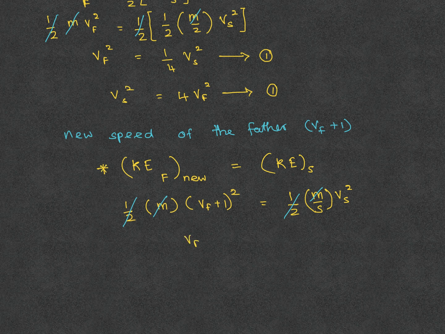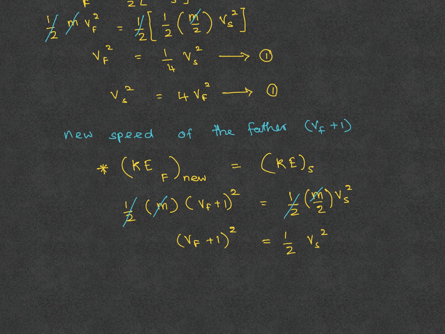Now you get vf plus 1 square equals 1/4... and then you have 1/2 vs square. Because the only half remaining here is this. I'm going to erase this and rewrite it better so you can see it well. There you have that m divided by 2, and that 2 stays.